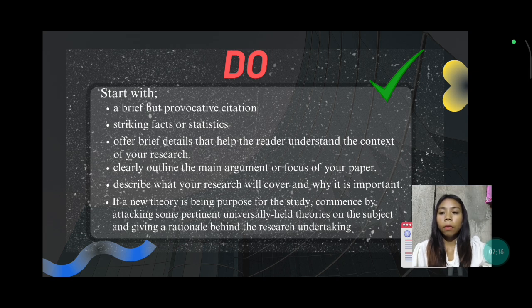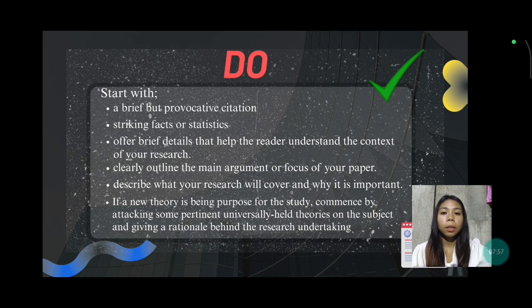And next, if a new theory is being proposed for the study, commence by attacking some pertinent universally held theories on the subject and giving a rationale behind the research undertaking. Or if you want to create a new theory, you need to show or present the existing, lacking, or not yet truly studied theories right in the introduction.